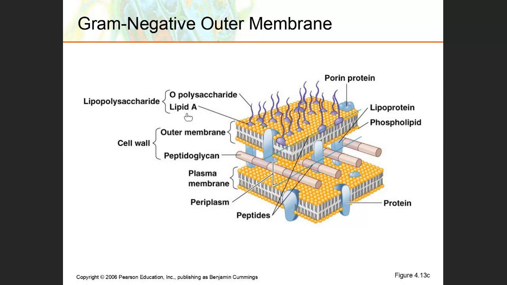And as long as the bacterial cells are intact, there's no toxicity from the lipid A. Now the O polysaccharide that you see there is something that we can use to type different strains of bacteria. Remember the E. coli O157? The O is the O polysaccharide, at number 157. So we can use the O polysaccharides to type different strains of bacteria.